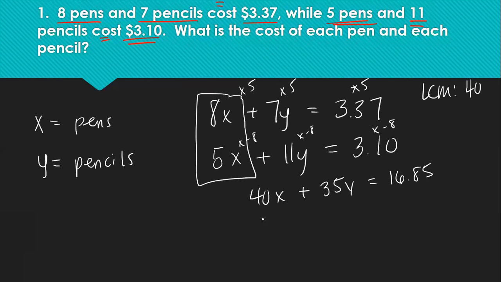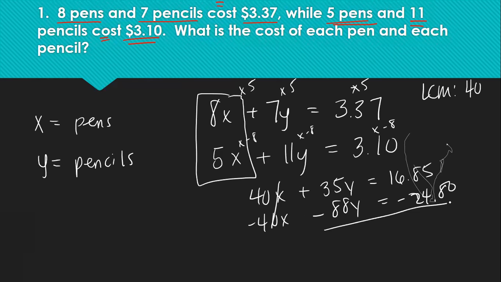Then I have negative 40x minus 88y equals negative 2480. The x's cancel out.